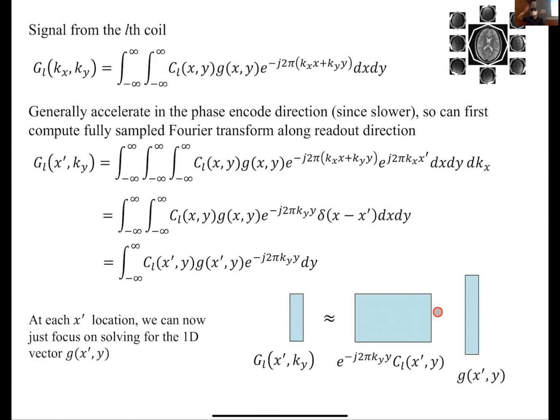Okay. So that just allows me to solve a lot of little problems, and that's what we're going to do. Essentially, we do the inverse transform along the readout direction, and then we can just solve each column separately. And so this is now just a 1D Fourier transform that we have to solve.